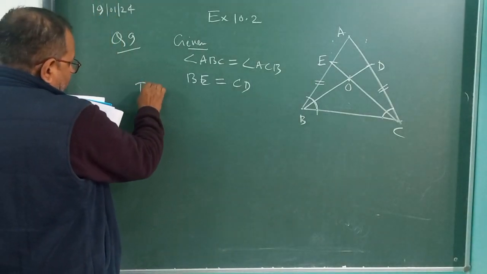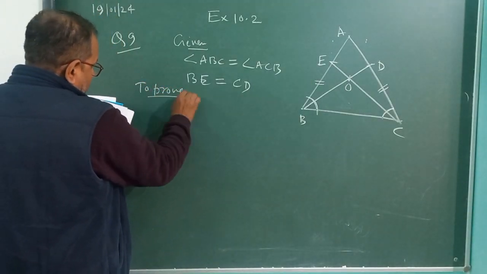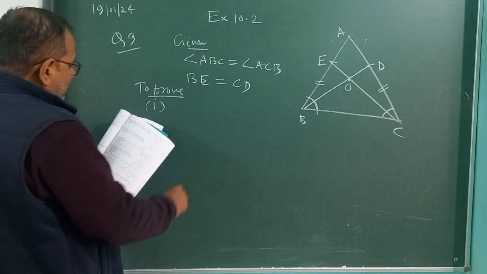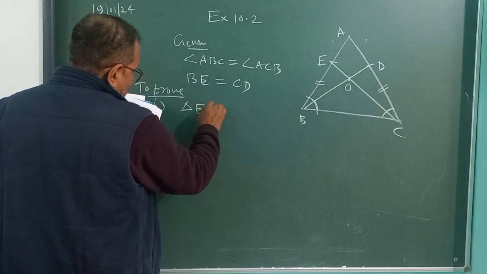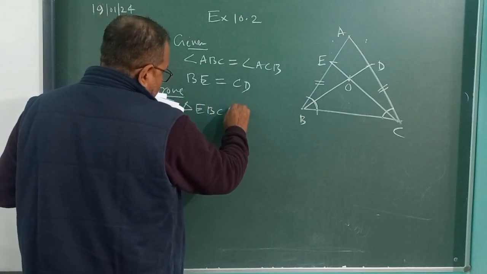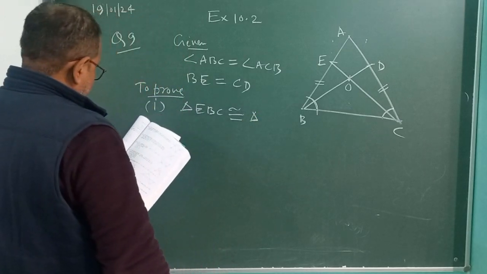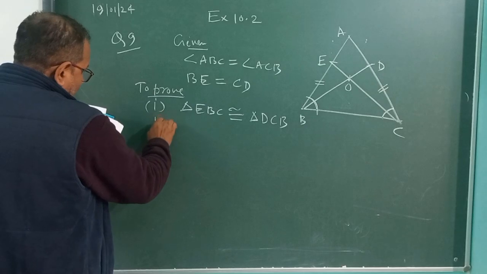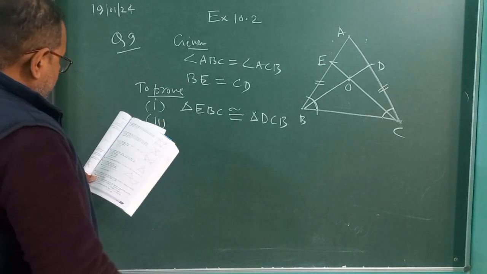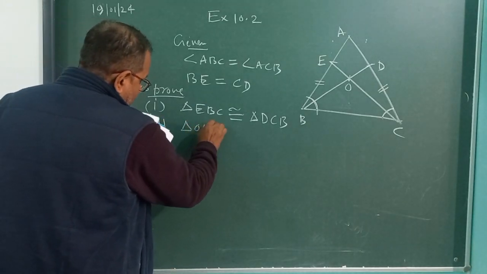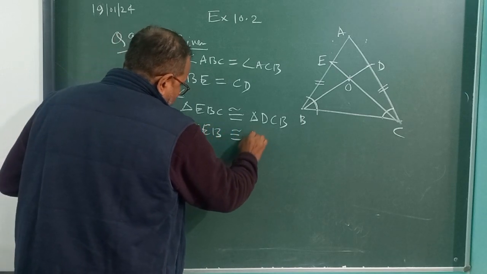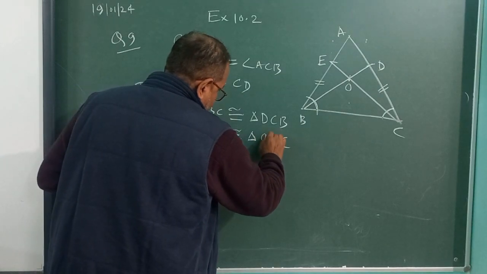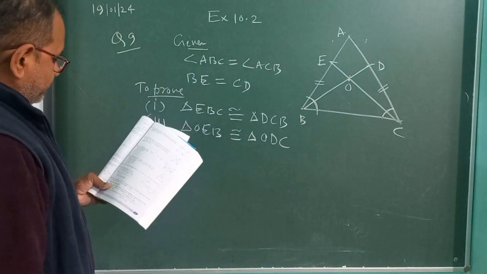We have to prove, first part, triangle EBC congruent to triangle DCB. And second part, triangle OEB congruent to triangle ODC.